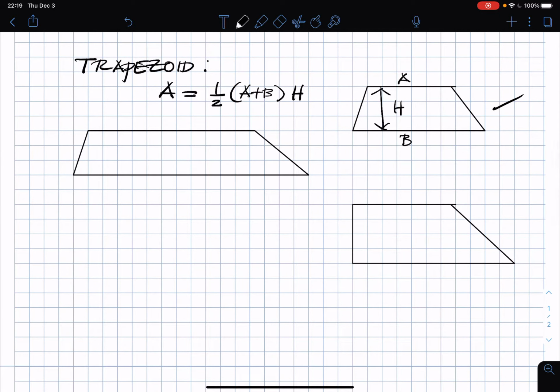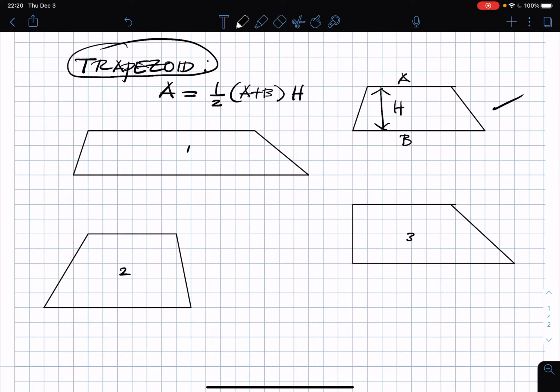Or this one. Okay. So, figure 1, 2, and 3, these will all satisfy the definition of a trapezoid because a trapezoid has two parallel sides.